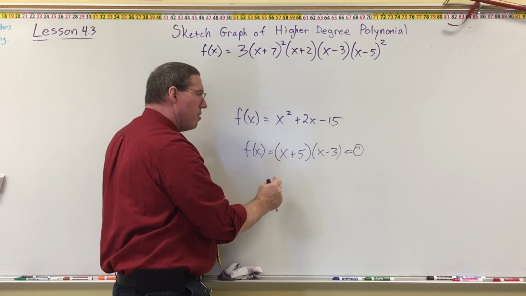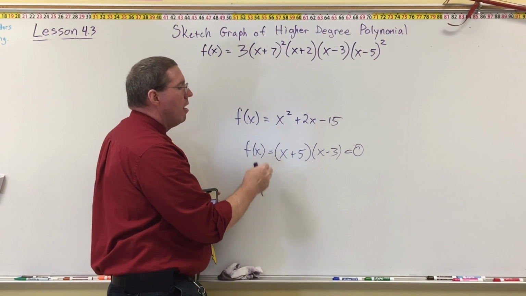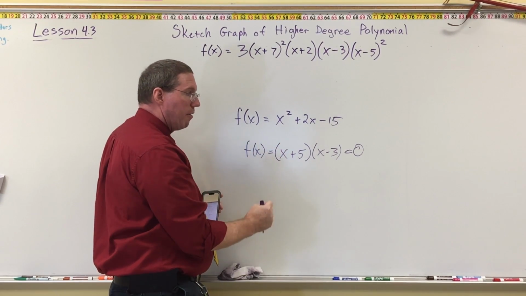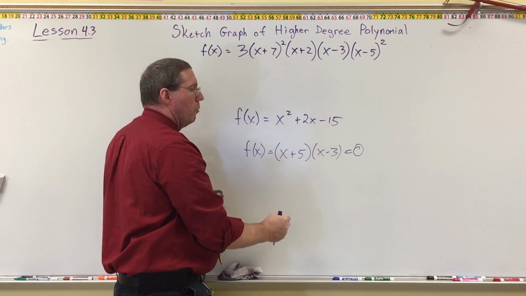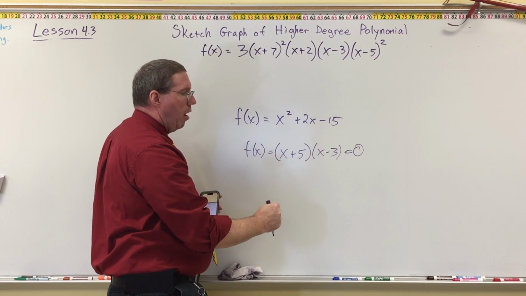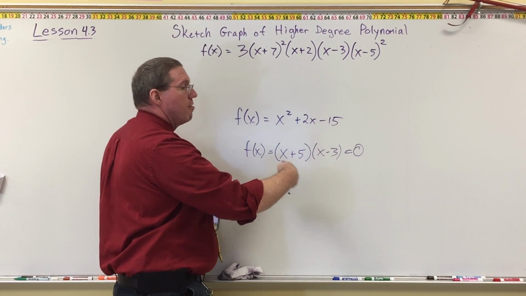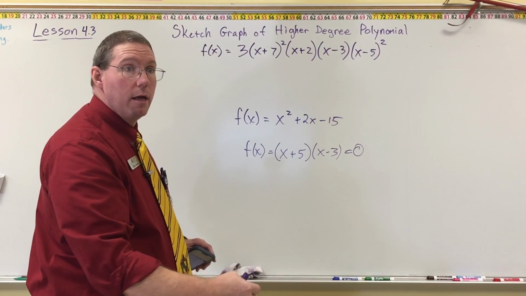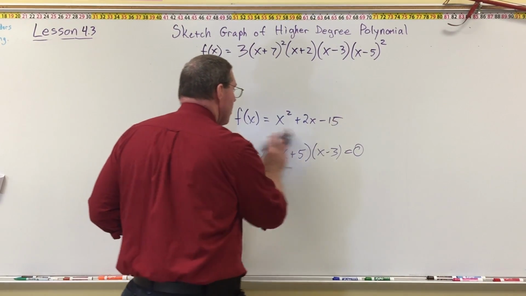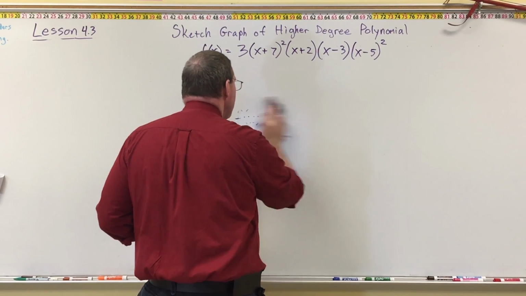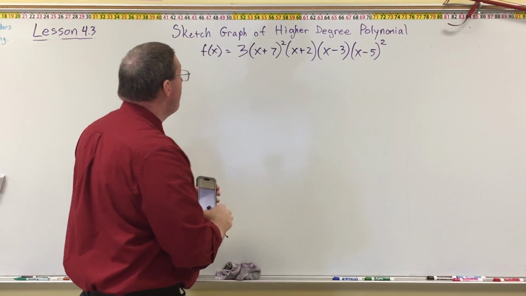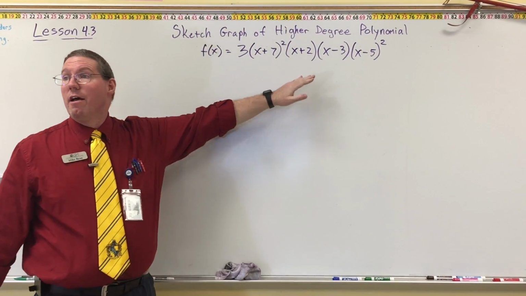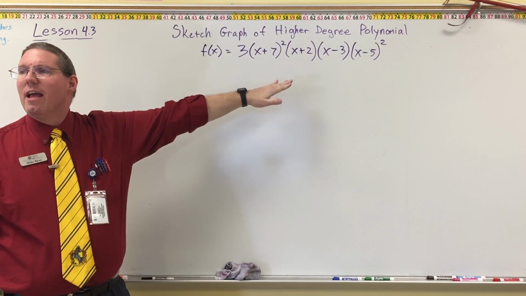Well, what will make this equal 0? Negative 5. That makes negative 5 a root, or an x-intercept. If x minus 3 is equal to 0, then this whole thing equals 0. And so 3 is a root, or a zero, or an x-intercept, right? So that's the purpose of this right here. This is a polynomial in factored form.